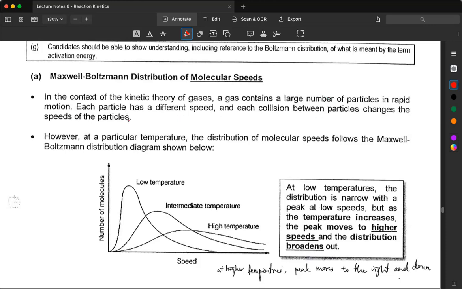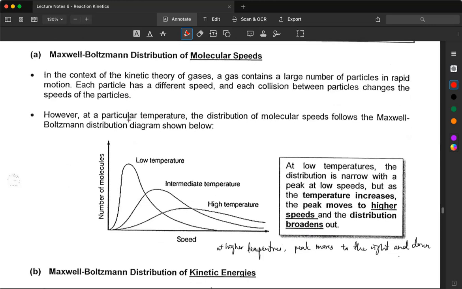Each particle will have a different speed. That's a concept. And every collision between particles will change the speed, because they will collide and not all collisions are elastic. So some will become faster, some will become slower. So you have a range of distributions, a distribution of speeds.